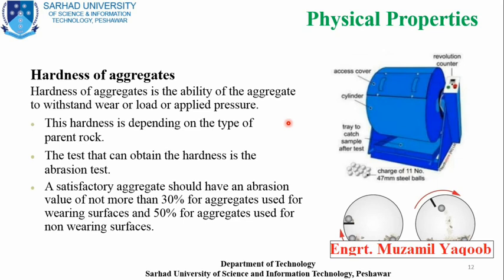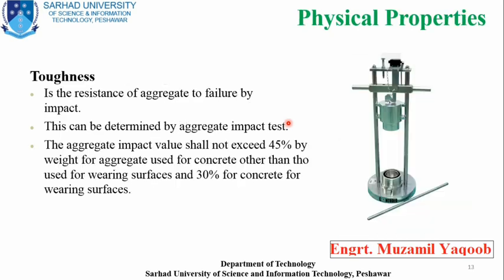Now let's move towards the next physical property, which is toughness. Toughness is the resistance of aggregates to failure by impact. This is a little bit different.